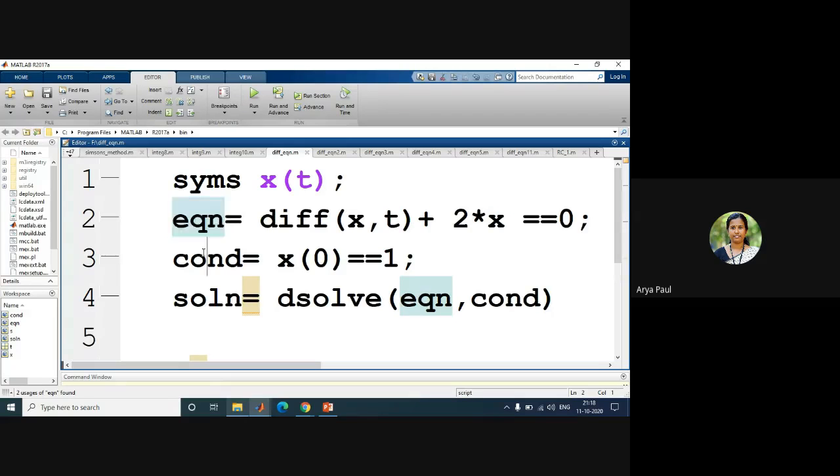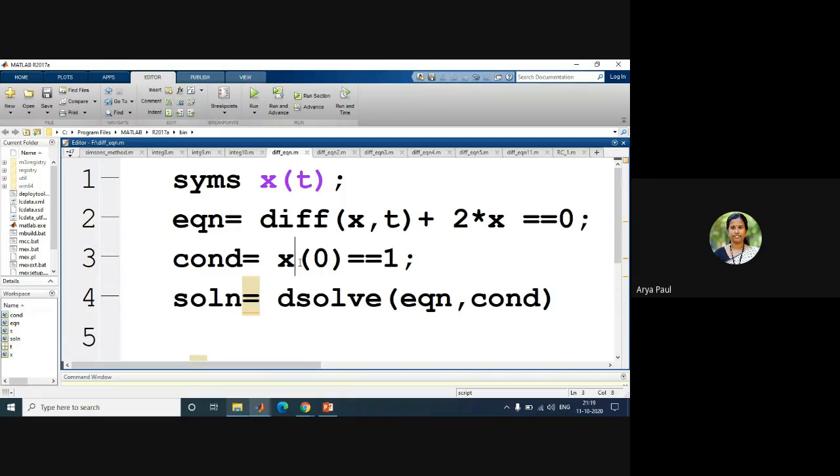Now you are going to evaluate for an initial condition. Suppose in the question an initial condition is given. What do you mean by an initial condition? It is some hint or clue. Anyway, you want to find the value of x, some solution.